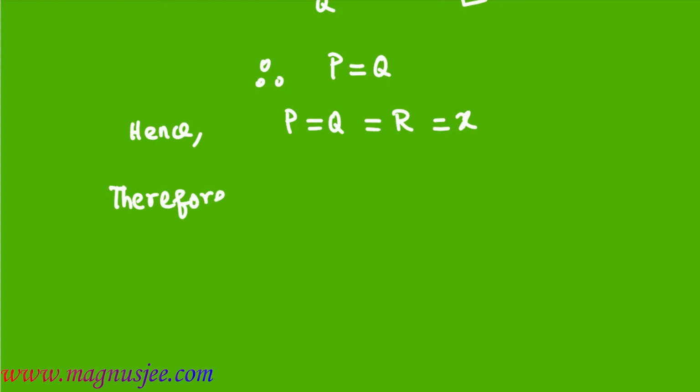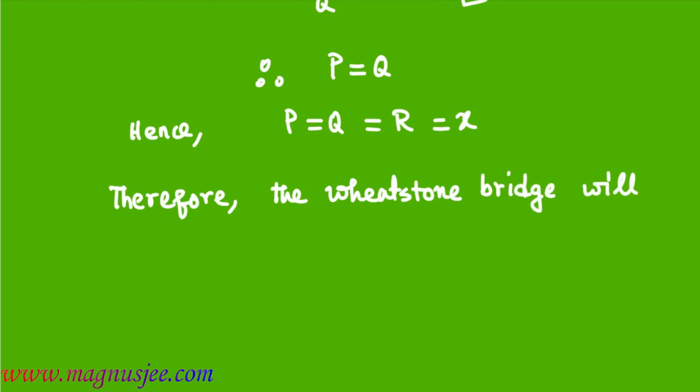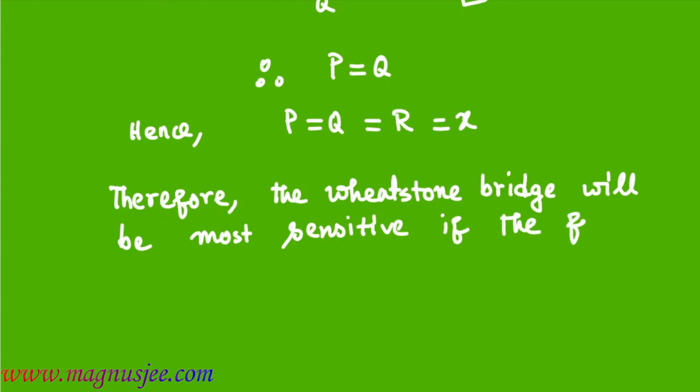Therefore, the Wheatstone Bridge will become most sensitive if the four resistances in the quadrilateral of the bridge are equal.